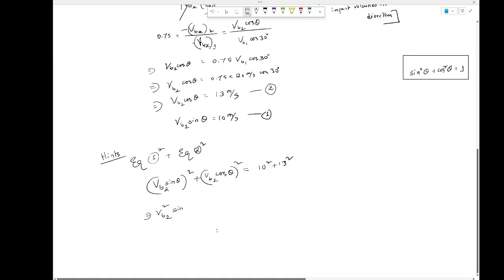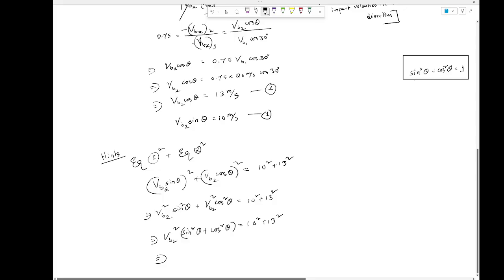So sine squared theta plus V2 squared cos squared theta, and then you have this 10 squared plus 13 squared. So this V2 squared, then it is sine squared theta plus cos squared theta, and then you have this 10 squared plus 13 squared, right?